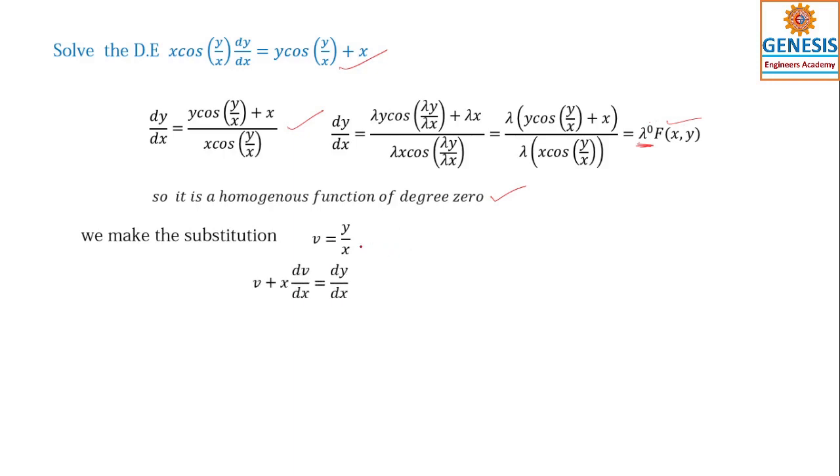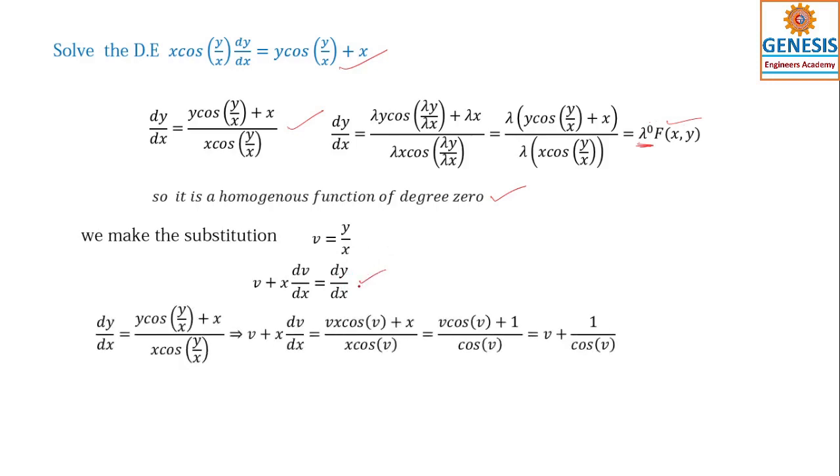After substituting this, we differentiate it and we get this. And dy by dx is equal to v plus x dv by dx, and y by x is equal to v.